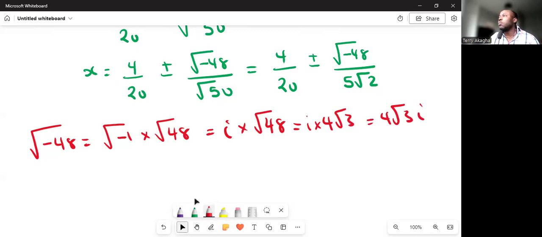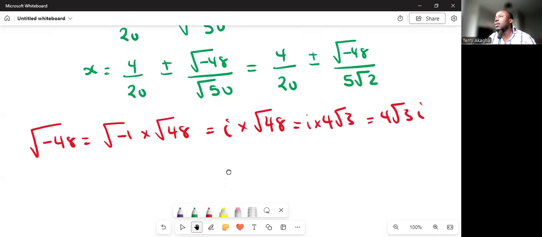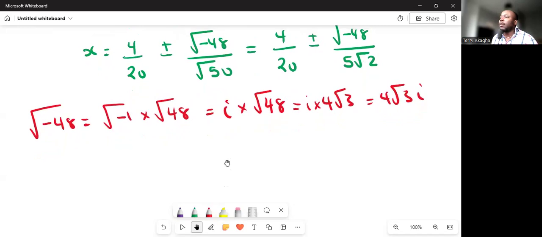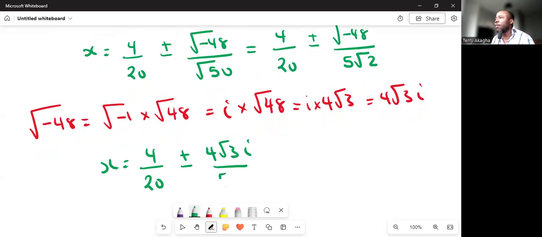So we can now say that x will be equal to 4 over 20 plus or minus 4 root 3i, divided by 5 root 2. Are you seeing it? Now, we can push this forward if you want to.